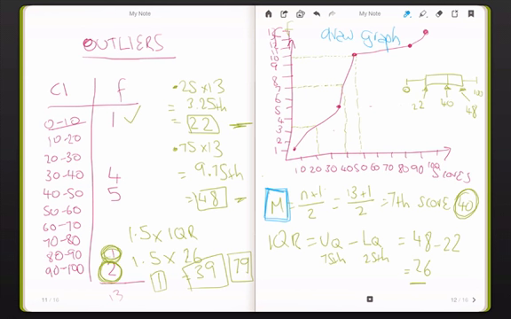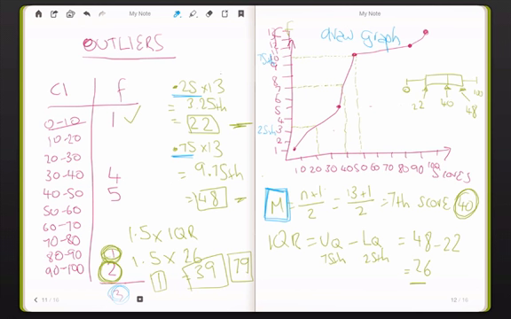Then find your median. Remember, n plus 1 over 2. Then find the interquartile range. So you need the 25th percentile and you need the 75th percentile, which all you do is 0.25 times whatever this number is and 0.75 times whatever this number is, okay?